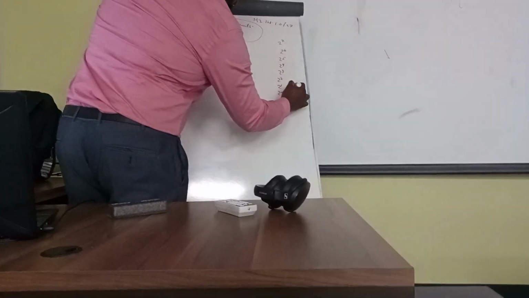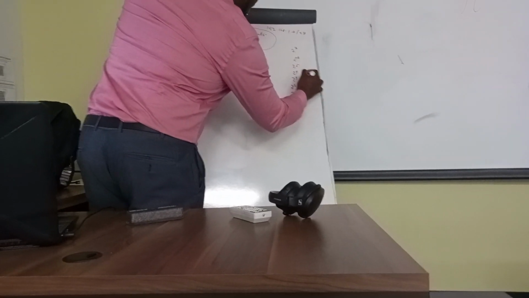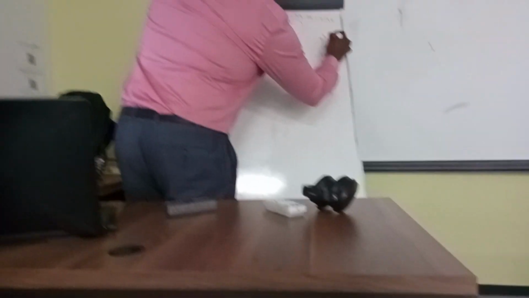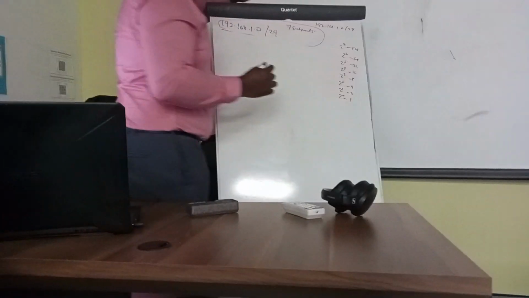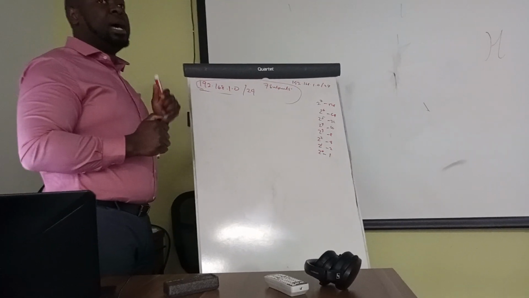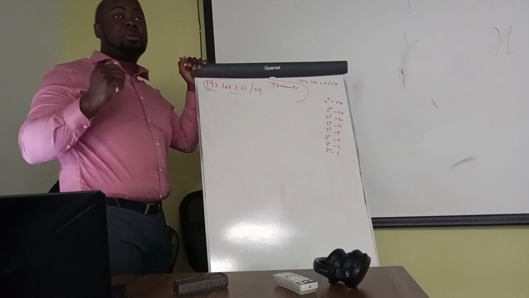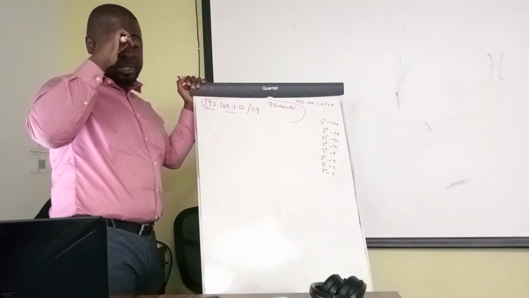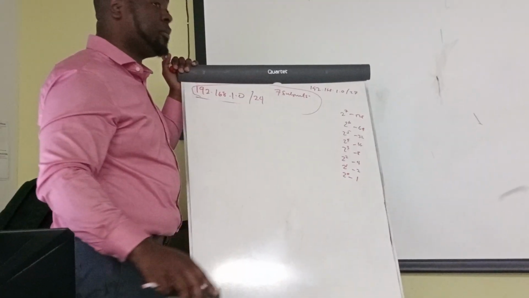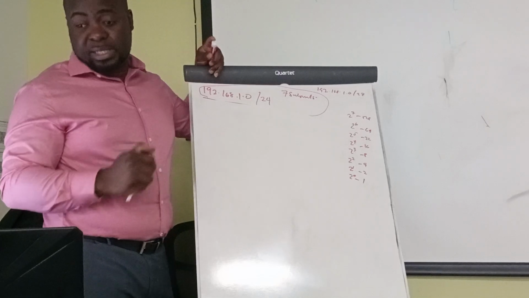So 1, 2, 4, 8, 16, 64, 128. Alright, listen up. Now, I'm going to paint a quick scenario because I don't want to waste too much time. Usually I take my time to paint it, but let's paint a quick scenario. Now, let's look at this scenario.